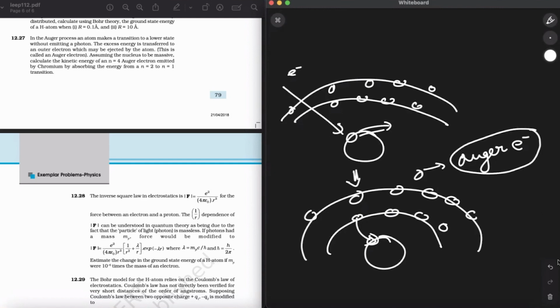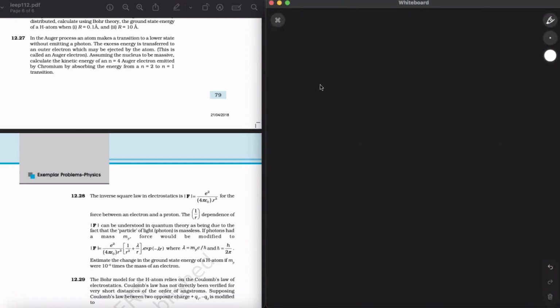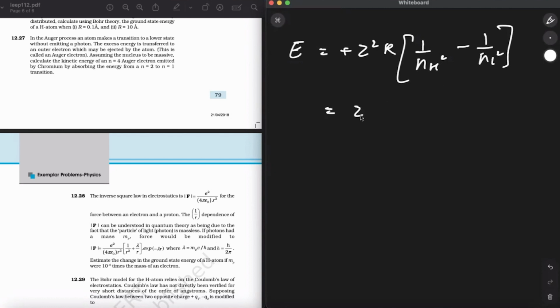Alright, moving back to the question now. The Auger process has been covered, and we can write the energy as Z square R times 1 upon n high square minus 1 upon n low square. So Z square R times 1 minus 1 by 4 will be 3 by 4, since n equal to 2, where R is the Rydberg constant.